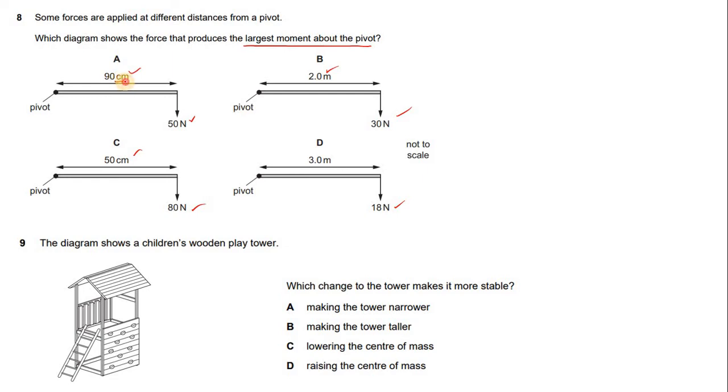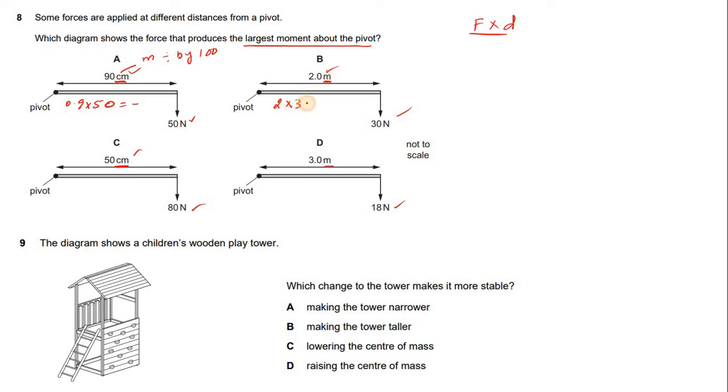Some lengths are in centimeters and these are in meters. Do not forget that. So you must convert centimeters into meters by dividing by 100, so that you can find the moment. And moment is force times distance, F into D. This is the formula for moment. So 90 divided by 100 is 0.9 meters, times 50, whatever number comes. Then for B, 2 times 30, no need to convert.